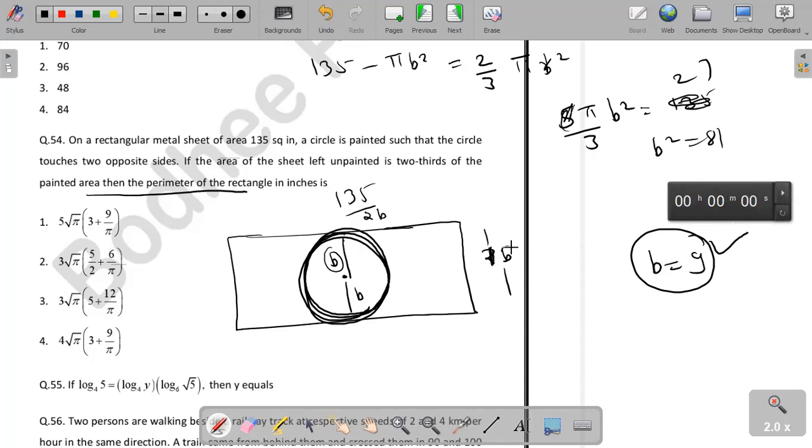So this would be 18 and this would be 135 by 18. Now we have to find the perimeter. Then the perimeter of the rectangle. So the perimeter of the rectangle is 2 into (L plus B).